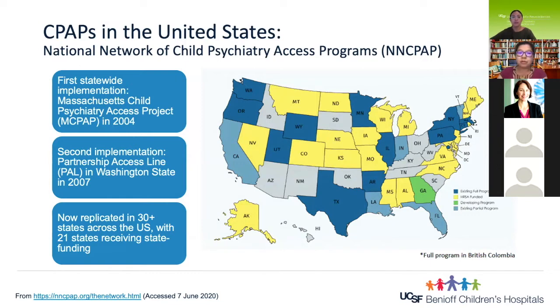The first statewide implementation, like I mentioned, was in Massachusetts. It was called MCPAP, started in 2004 by John Strauss and Barry Sarvet. Since then it's spread quite widely throughout all the states. Now it's been replicated in 30 plus states, 21 of which receive statewide funding.